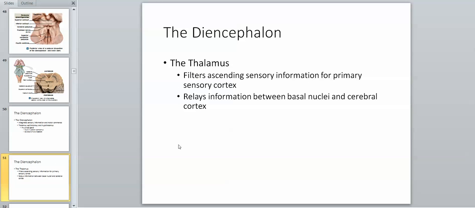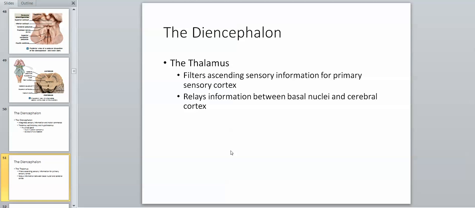All right, so the thalamus is probably one of the main things that we talk about when we think of the diencephalon. And basically, this is filtering any ascending information that is coming from the periphery for the primary sensory cortex, and also is going to relay information from other senses.